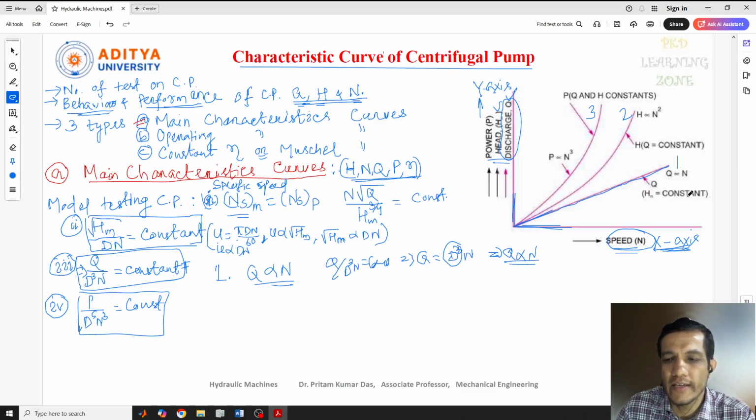The same thing is given here also. At that condition, our Hm should be constant.